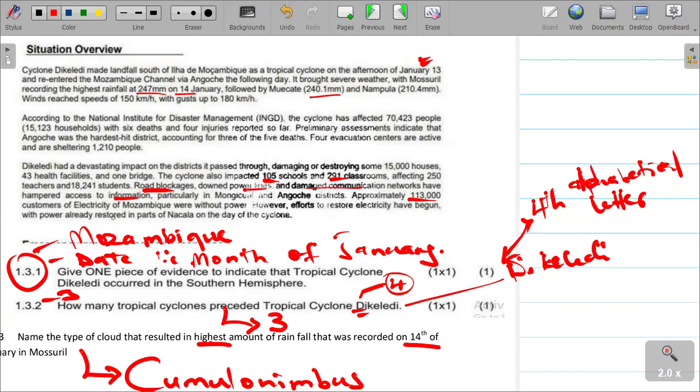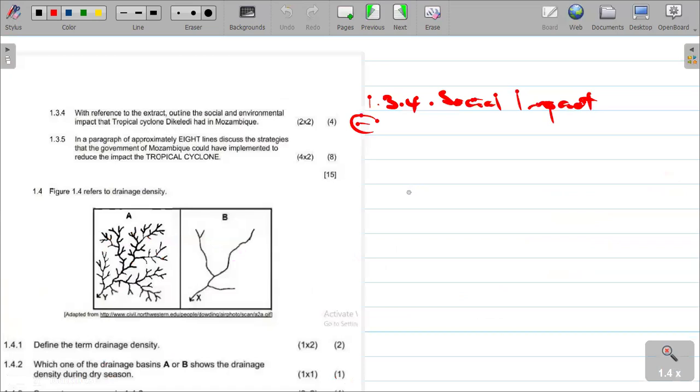And therefore, we are saying the impact which this has, we talk about loss of life, people who died, and also injuries which were also seen there.